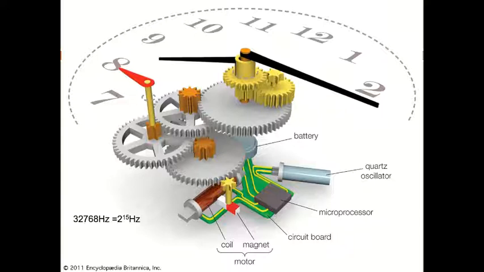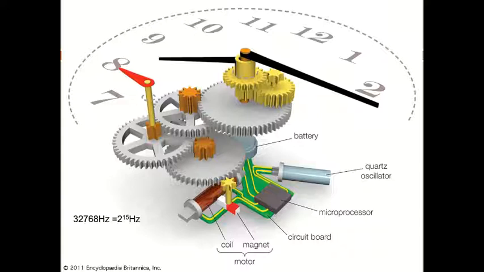What is this frequency? That means in 1 second, this quartz crystal will oscillate about 32,768 times. Now they have a kind of processor near the quartz oscillator.